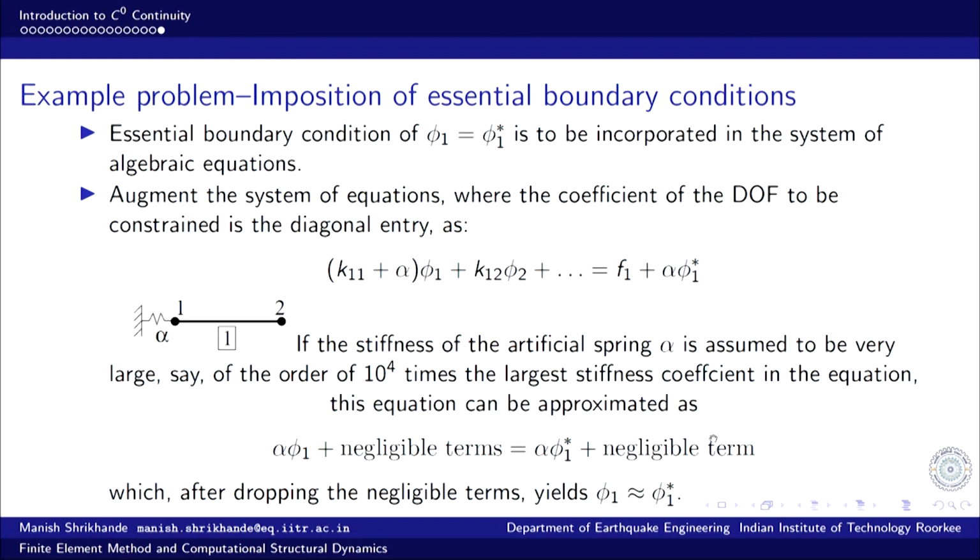If we solve this, it will yield phi 1 approximately equal to phi 1 star, and that is what the imposition of boundary condition is. So, that satisfies the boundary condition and completes the solution of this problem.